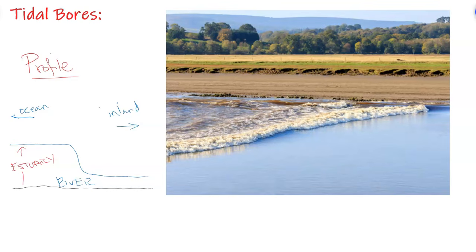So you have this leading edge right here, which is the actual bore, and it's moving at around 20 or up to 25 miles per hour in this direction up the river. This is due to the flood current, okay, the incoming tide.